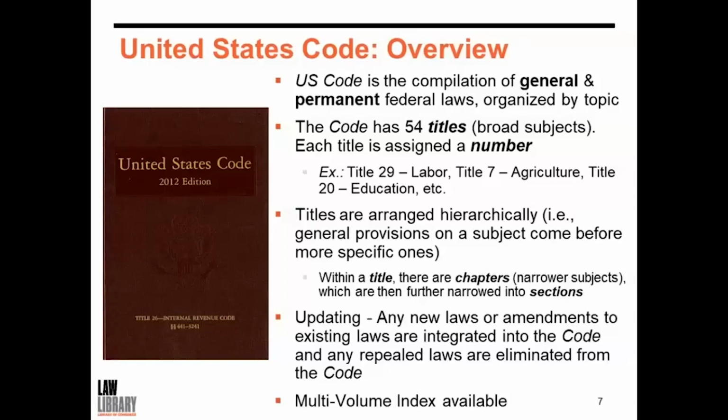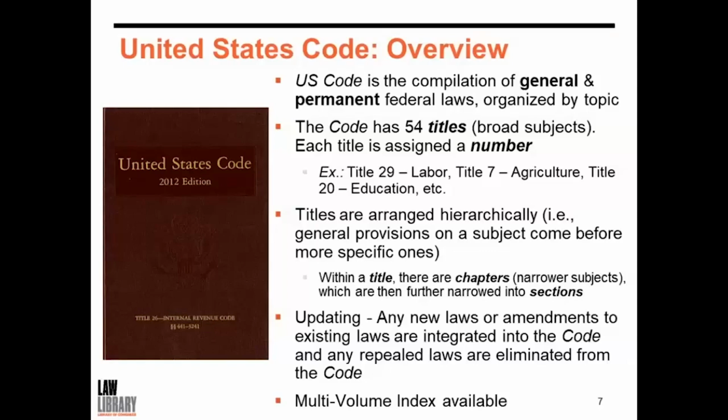The titles are arranged hierarchically, so the general provisions on the subject come before more specific ones. Within a title, first is typically divided into chapters, and then those chapters are divided into sections, each time getting narrower and narrower.